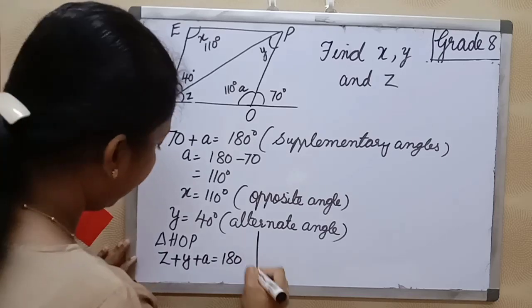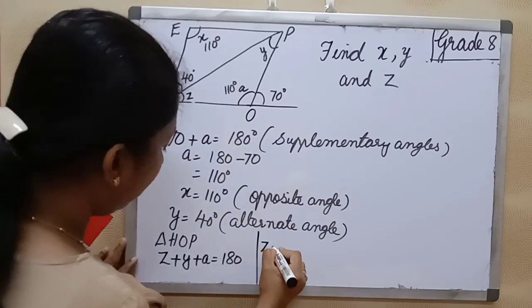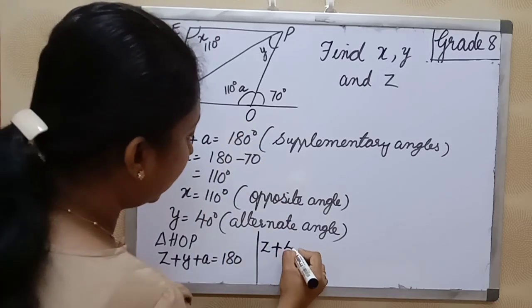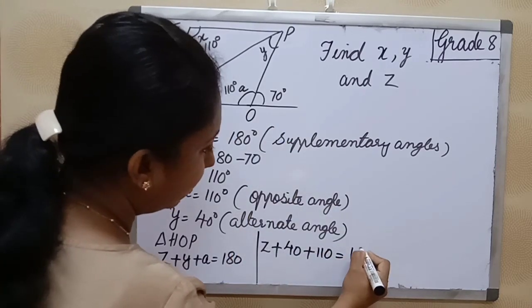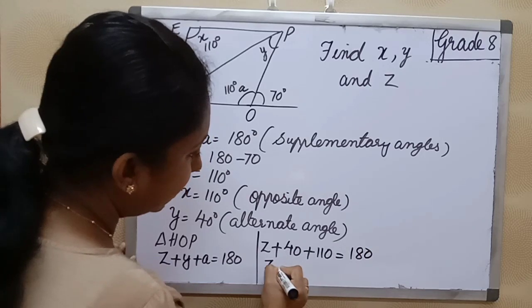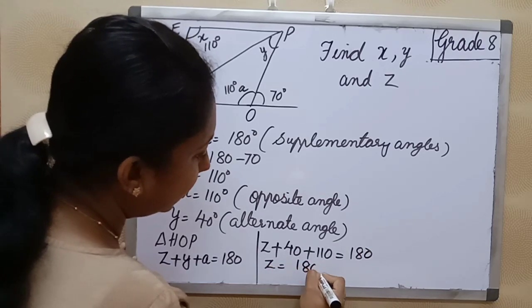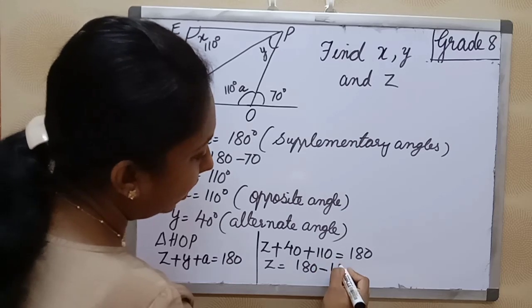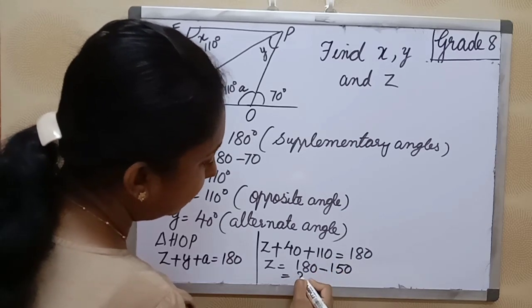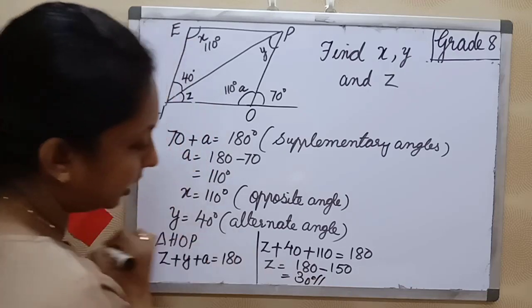Z we don't know, plus Y is 40 degrees, plus a is 110, is equal to 180. Then Z is equal to 180 minus 40 plus 110, that is 150. That is 30 degrees. Z is 30 degrees.